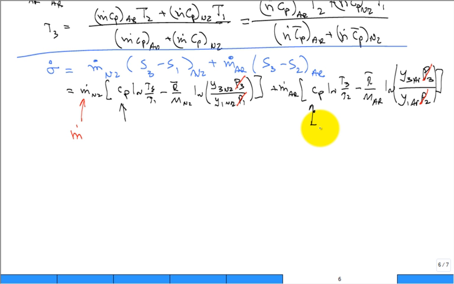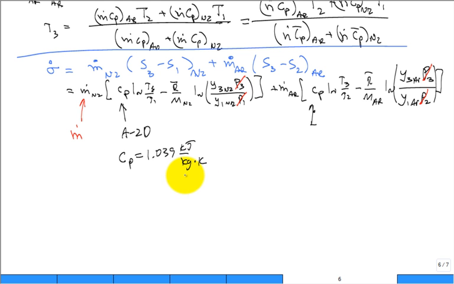The nitrogen, no problem. What table are you in? Table A20. Just A20. And let's pick it off at 300 degrees C. For the nitrogen, I'd say C sub P is about 1.039 kilojoules per kilogram Kelvin.